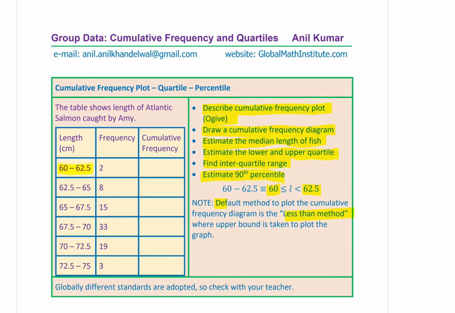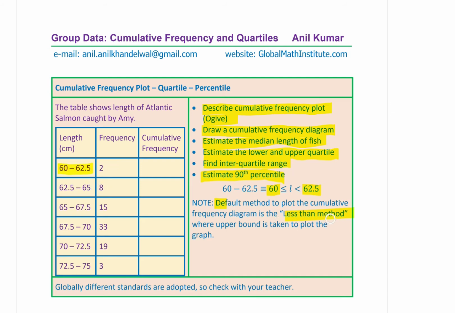When we say less than method, we're trying to say here that there are two fish which are less than 62.5. When we add 2 and 8, we get 10. So how many fish are less than 65? 10. So that is the less than method.